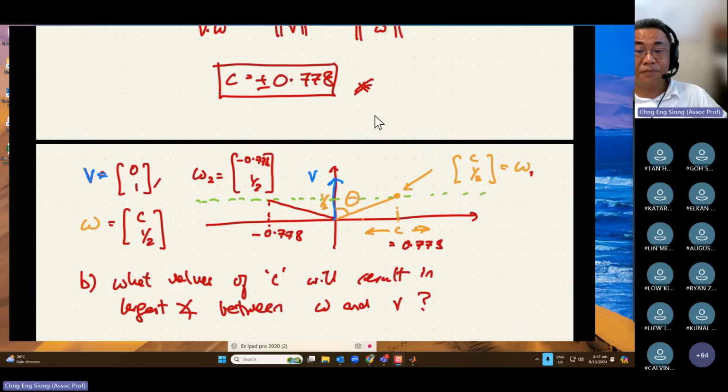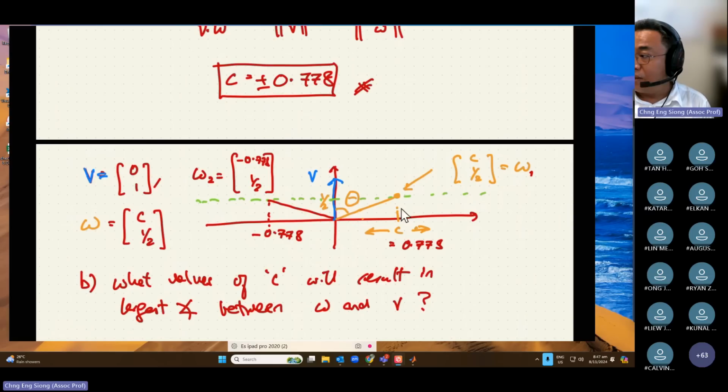Anyone, please think, right? In fact, once you can draw this, you don't even need to think. So what do you do? Anybody, please? 0. No, if you move C to 0, then the angle between V and W is 0. So C cannot be 0. When C is 0, it is not the largest angle, it is the smallest angle. In fact, they will be pointing in the same direction. Melvin, okay?